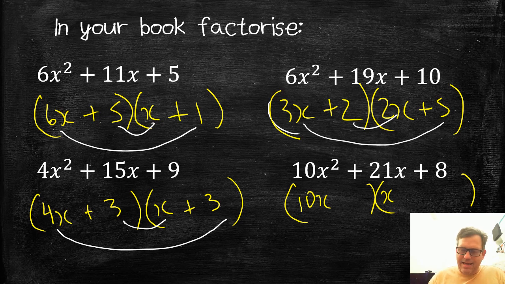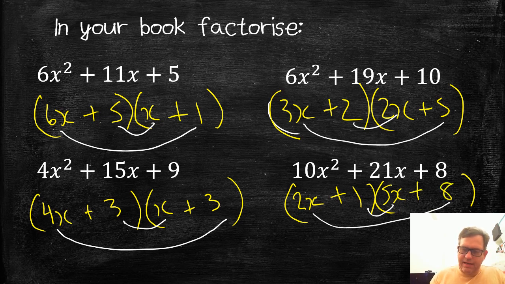And if I do that to get 8, I need 8 and 1, or 2 and 4. We'll try this again. As I said, these can be tricky, especially if you're trying to do them in your head. So I think it's going to be plus 1, right? That's going to give me 5x, and plus 8. So that's going to be 5x and 16x, which gives me 21x. So those are your answers.